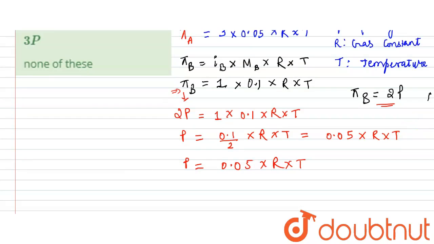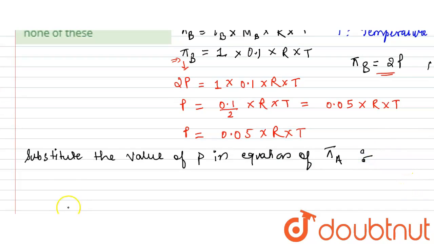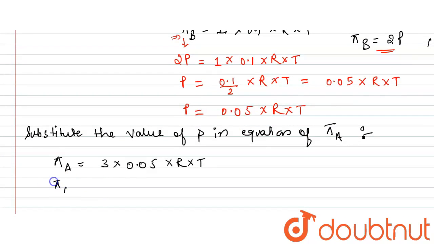Now what we can say? We can substitute the value of p in the equation of osmotic pressure of A, that is pi A. We have already calculated that pi A is 3 into 0.05 into R into T. From here you can write that the osmotic pressure of A will be equal to 3 into this whole value, which is nothing but equal to p, 0.05 into R into T. So you will write this as 3 into p.